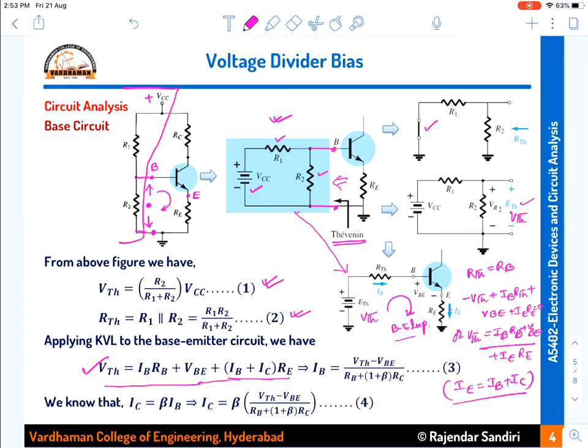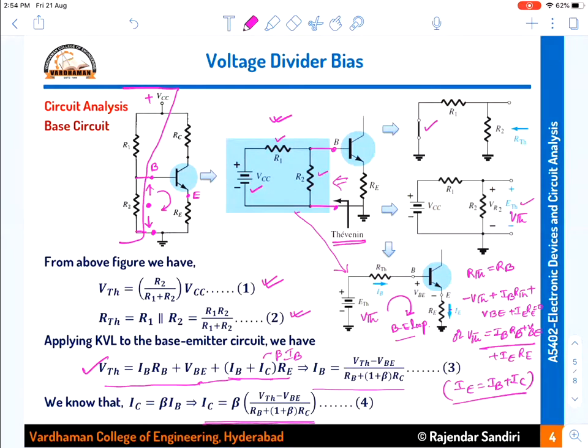Rearranging this and substituting the value of IC as beta times IB, you get the IB value like this. Then IC will be beta times that. So we got IB and IC from the KVL equation of the base-emitter loop, by applying Thevenin's theorem.